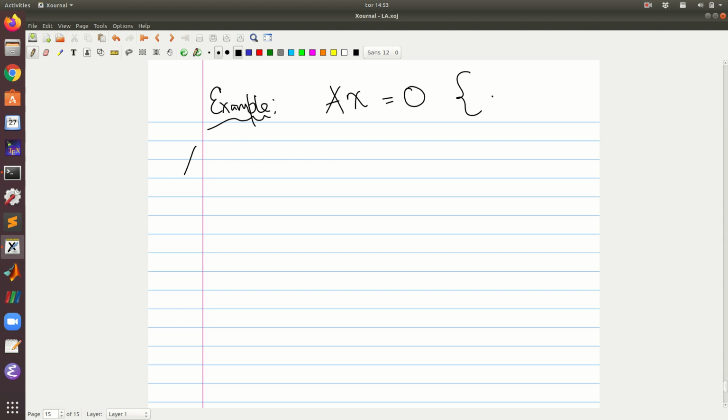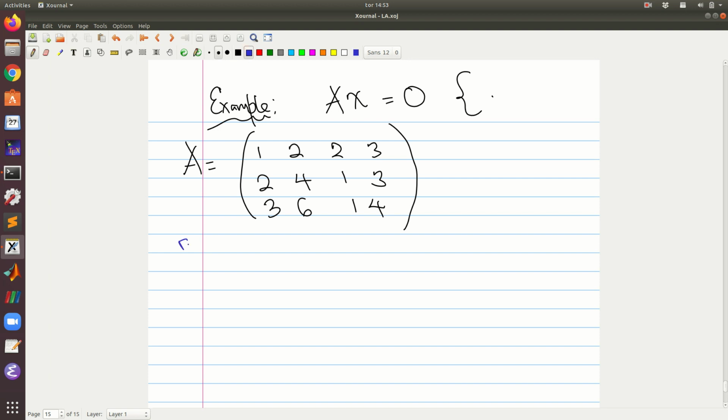I will write down the matrix A: 1, 2, 2, 3; then 2, 4, 1, 3; and then 3, 6, 1, 4. Now let us reduce it quite quickly.